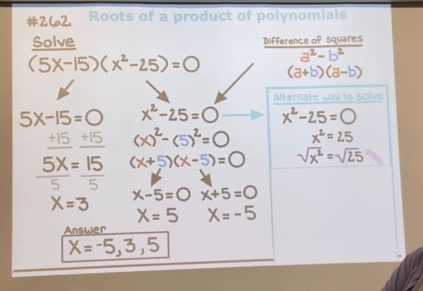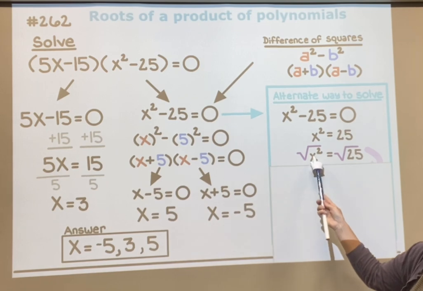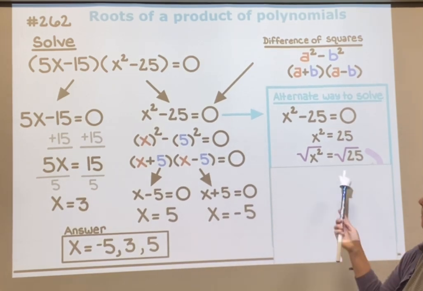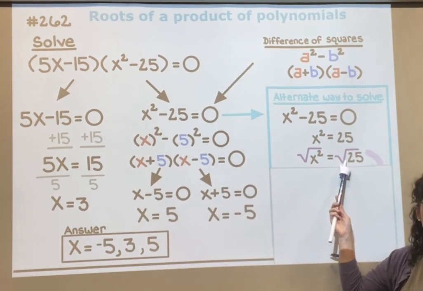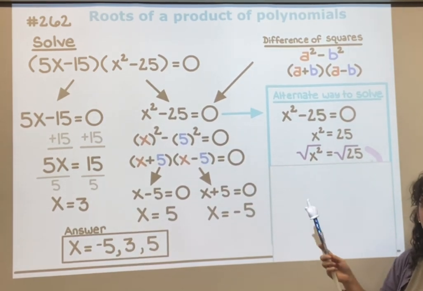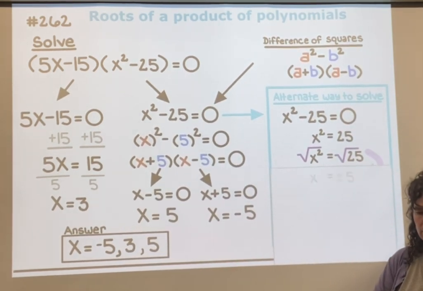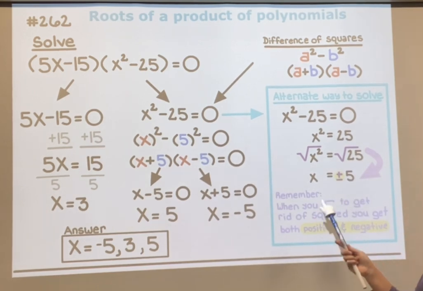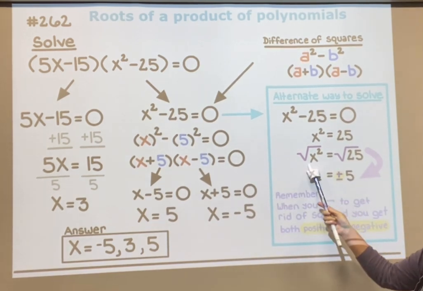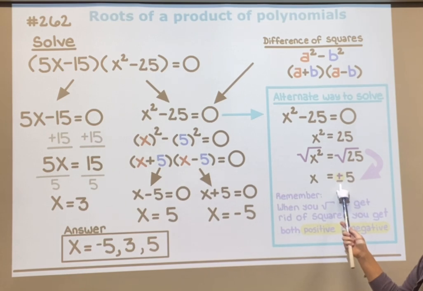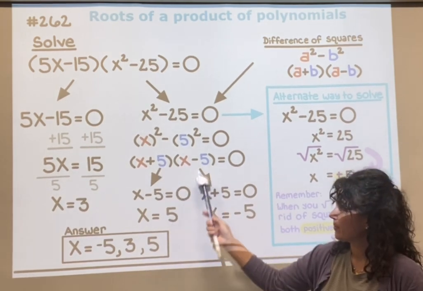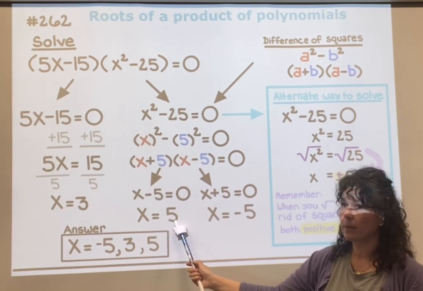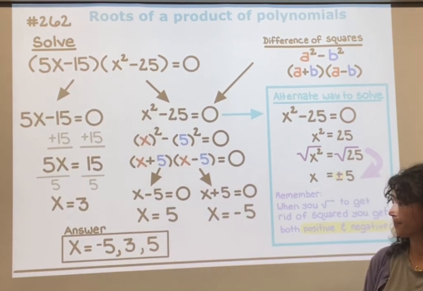So if I take the square root of both sides, I'm going to get x by itself. But keep in mind when you take the square root of both sides that you get both positive and negative. So using this method, you just have to be careful that you remember when you square root both sides, you get both positive and negative. When you factor, it really highlights that we get a positive and a negative.